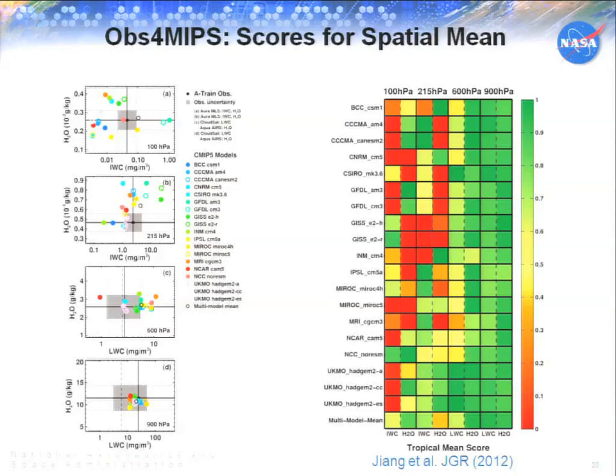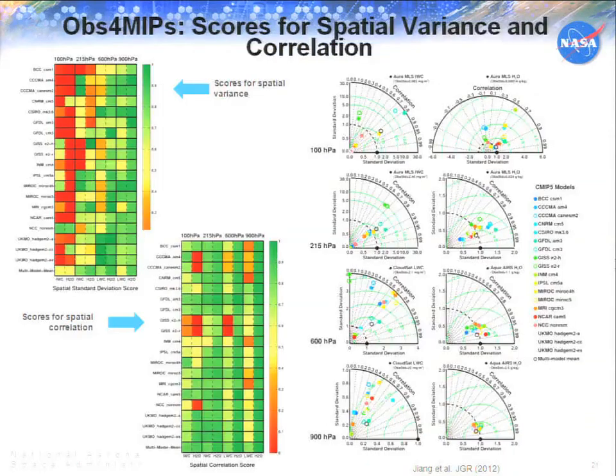That means the models are not correct. And on the right-hand side, the climate modelers are developing the metrics to measure each one of the models. This is the spatial distribution, a similar kind of concept, but a more complex plot. I won't get into it in detail.